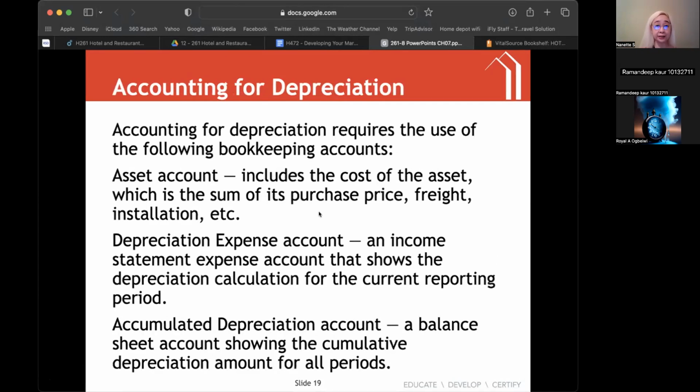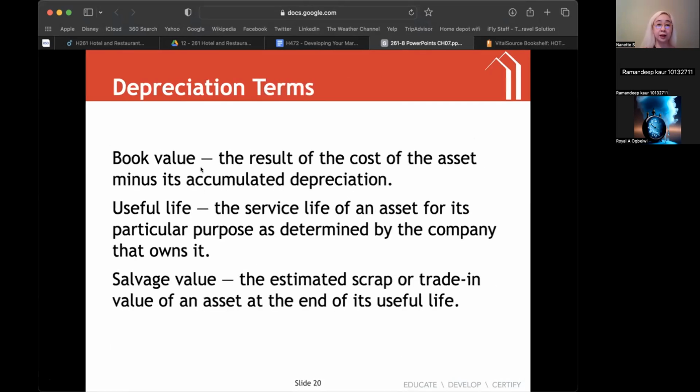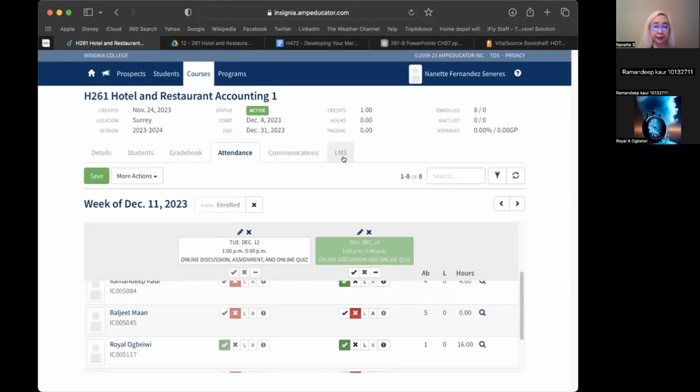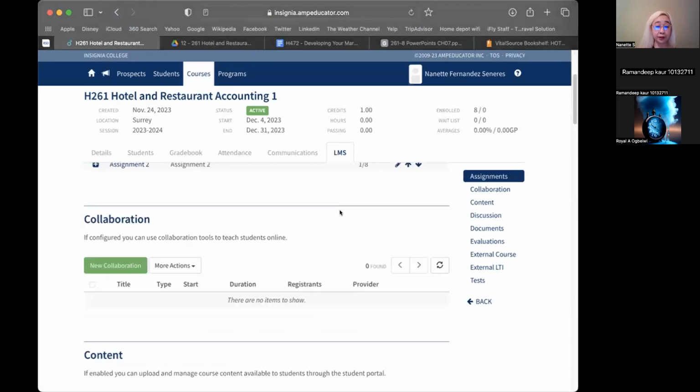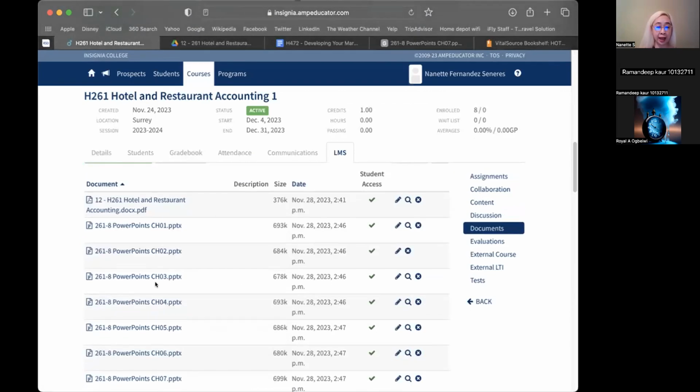So these are some of the terminology that we have defined a while ago. So I'm not going to repeat it anymore. By the way, Raman, if you go to your student portal, I have uploaded the slides.